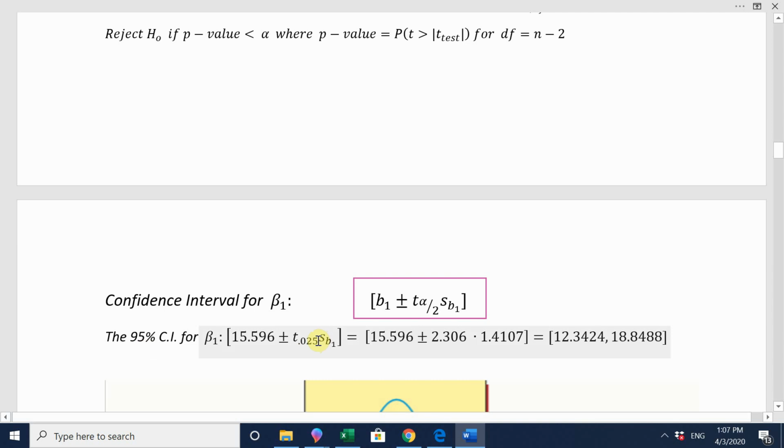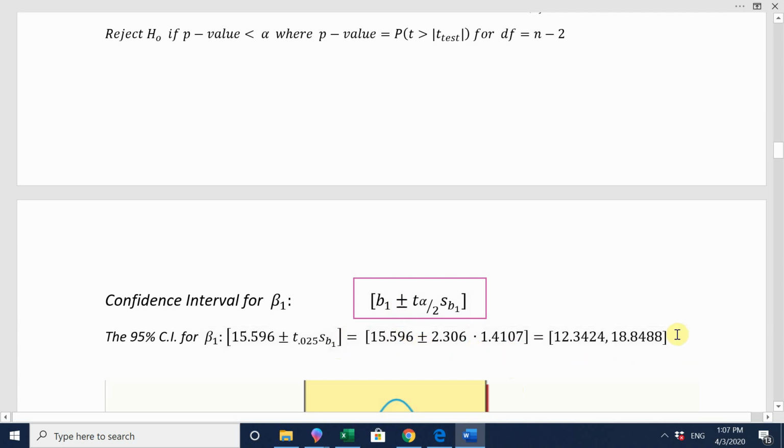This area of 0.05 is split in two equal parts, such that now I have an interval that contains 95% of my point estimates for beta 1. I multiply that by the standard error for B1, which I get from my sample.